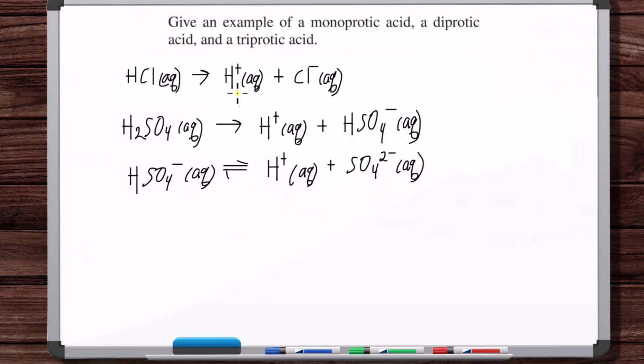Okay, and so now a triprotic acid is just going to be yielding three protons upon dissolving in water. So phosphoric acid. Now the initial dissociation process is reversible. With sulfuric acid, the initial acid is strong because it breaks up completely, and the resulting secondary acid is weak.